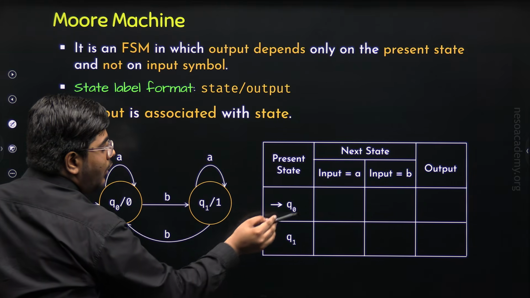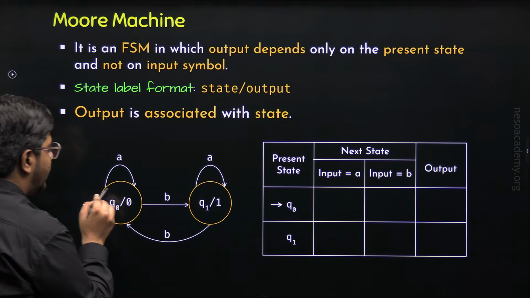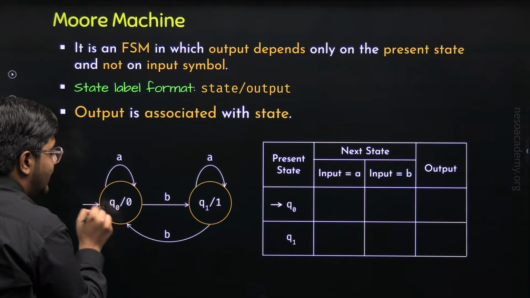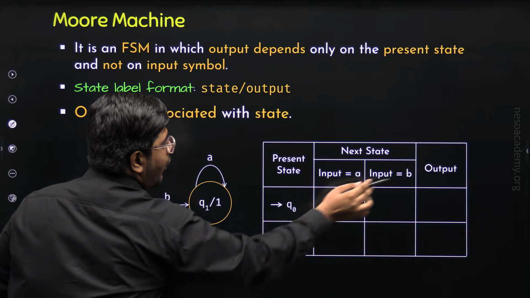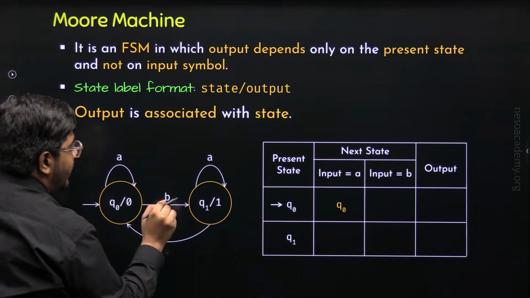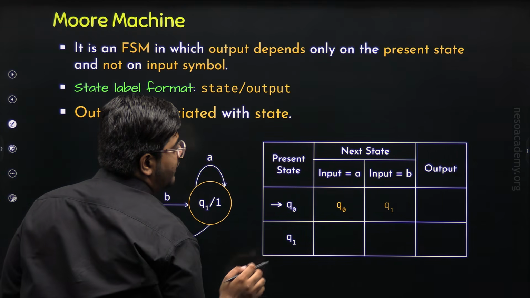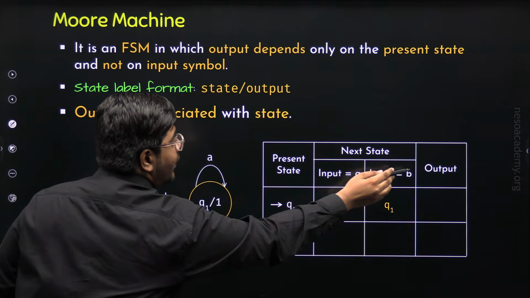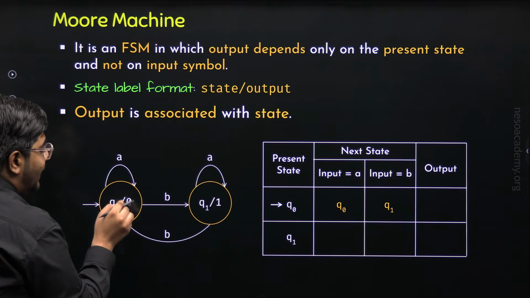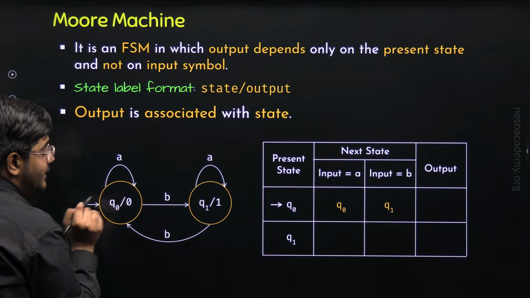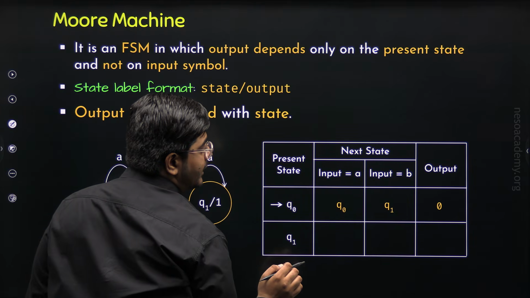So, Q0 on A is giving us Q0 itself. So here we will write Q0. Q0 on B is giving us Q1. So here we will write Q1. Now we have to write the output that is associated with Q0. So the output that is associated with the state Q0 is 0. So here we will write 0.